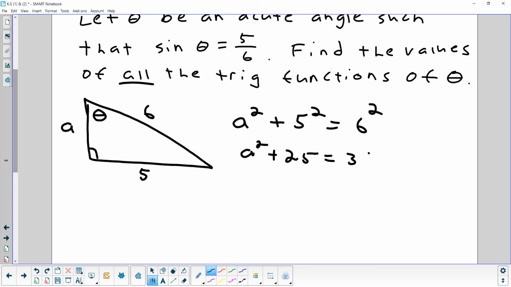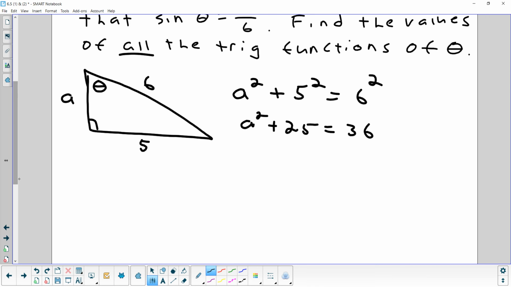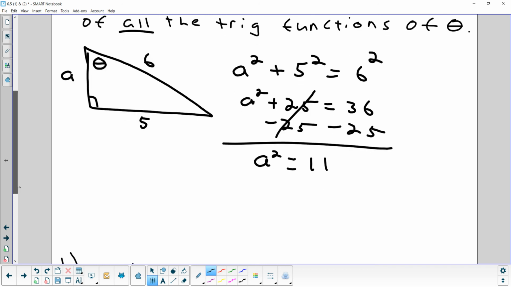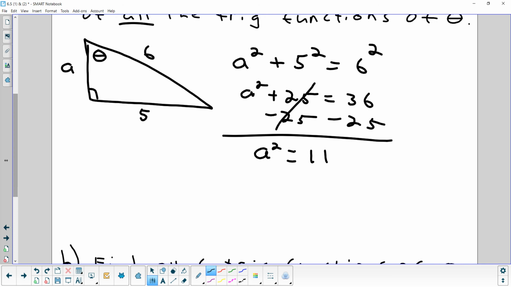Yep, and 36. Okay, Sophie, my next step. Subtract 25. That's gone. How about Annalise? What do I get from that? A squared equals 11. And Nick, my last step to get A by itself? Square root both sides.